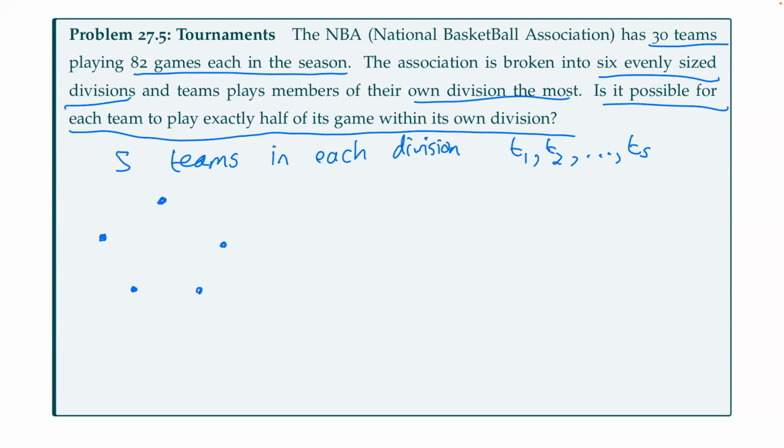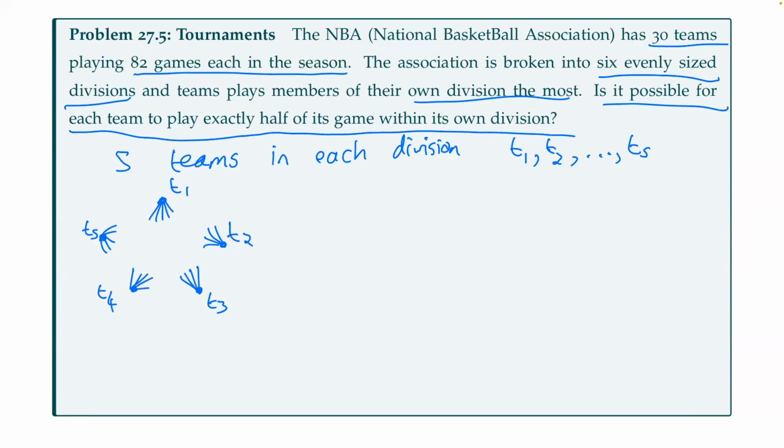So we have these 5 teams, and they're going to have lots of edges coming out of them. We're just going to be concerned with what goes on within this division.